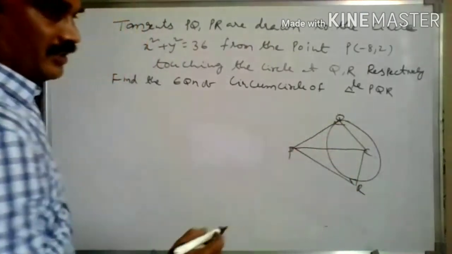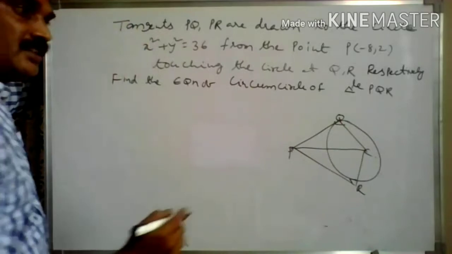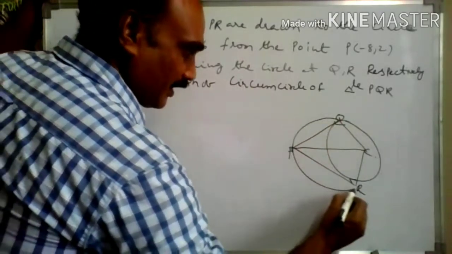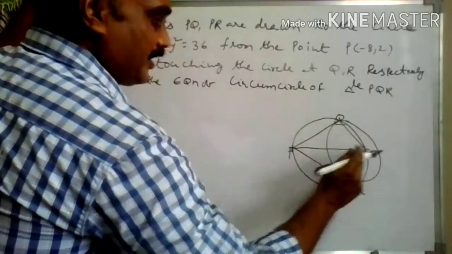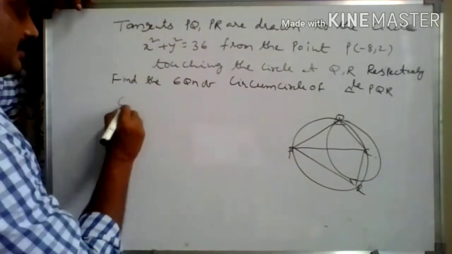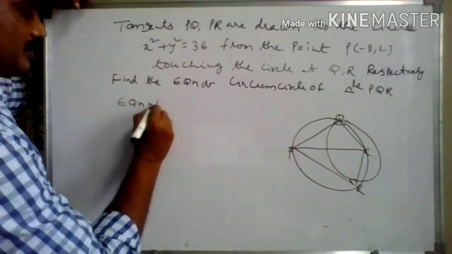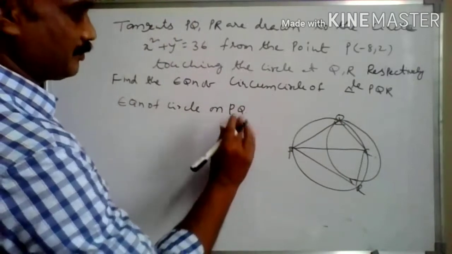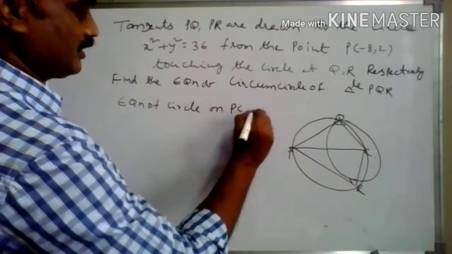This is a cyclic quadrilateral. So 4 points lie on the circle. So circumcircle of triangle PQR is the circle with CP as diameter. Sorry, PC as diameter.